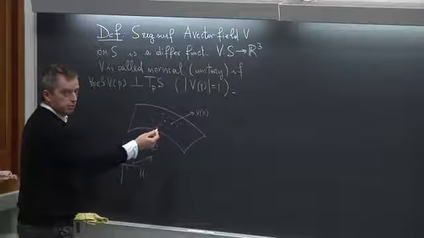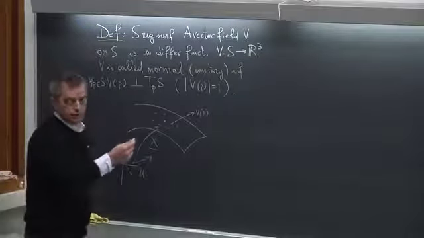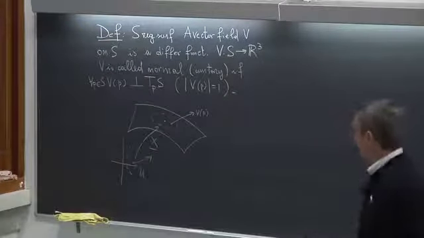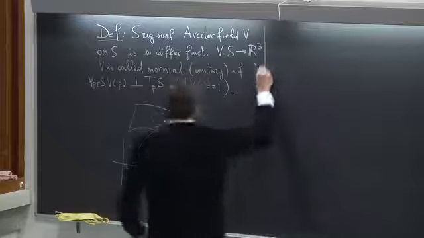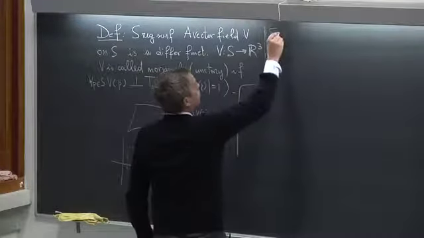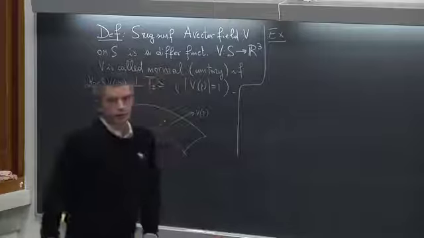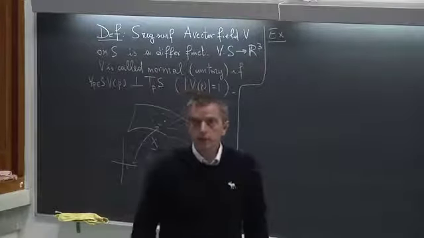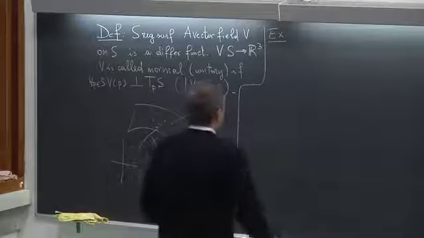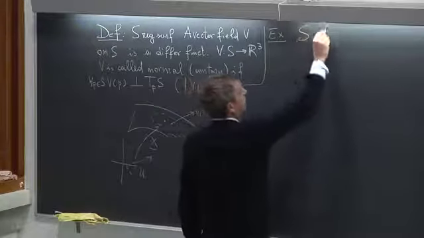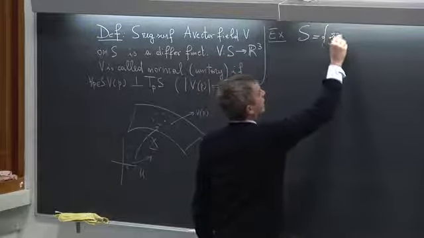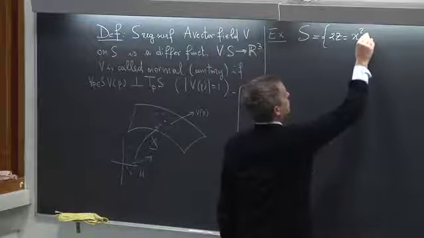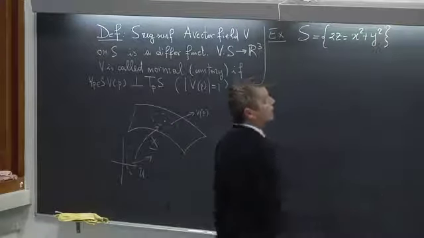You will see it. So you have to be always a bit careful about where is the domain of the vector field. But this is just a simple example to warn you about something that's going on later. This is also an excuse to make a little exercise. Suppose we have a surface which is a graph, for example, given by 2z equals x squared plus y squared, in R3.